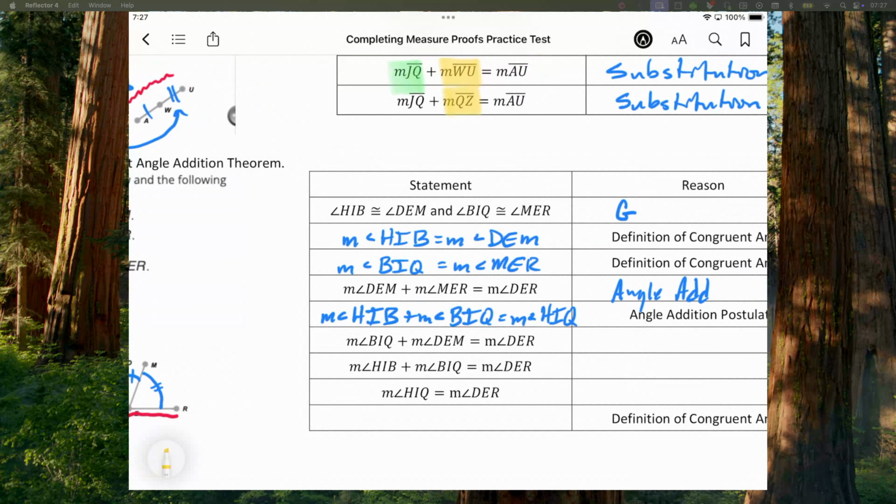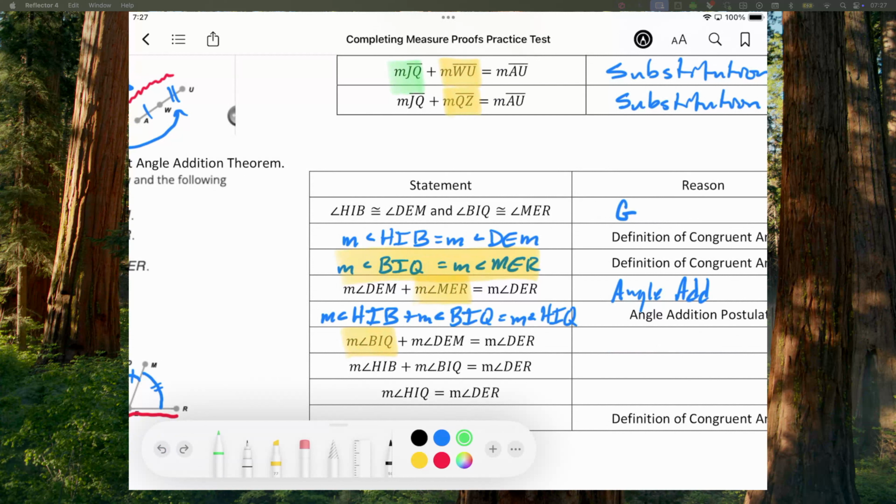And so if we look at what we've got going on, we have BIQ is congruent, or is equal to MER. So here MER is going to get replaced with BIQ. So again, this is substitution. And then on the next step, we are going to be replacing, actually, let me back up. BIQ plus DEM.